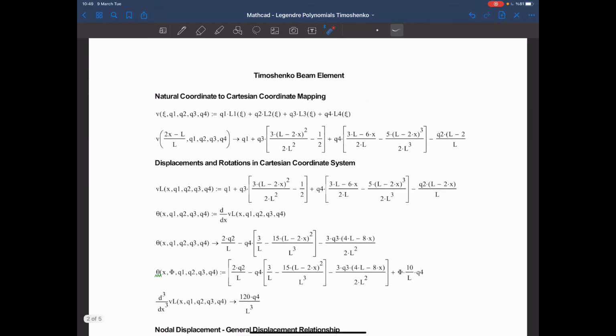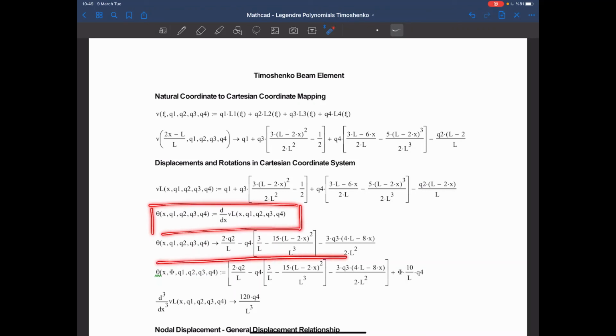So the same procedure, I'm just converting them into the Cartesian coordinate system, and this is the displacement interpolation and the rotation interpolation. But of course, this is the rotation interpolation for the Bernoulli-Euler beam, right? We don't have any shear deformation here.